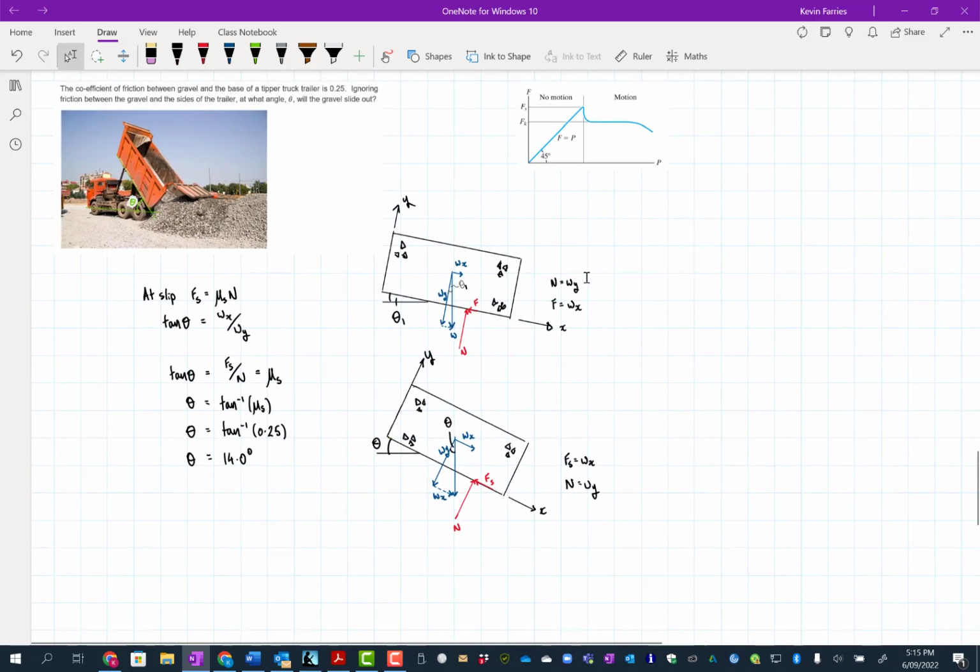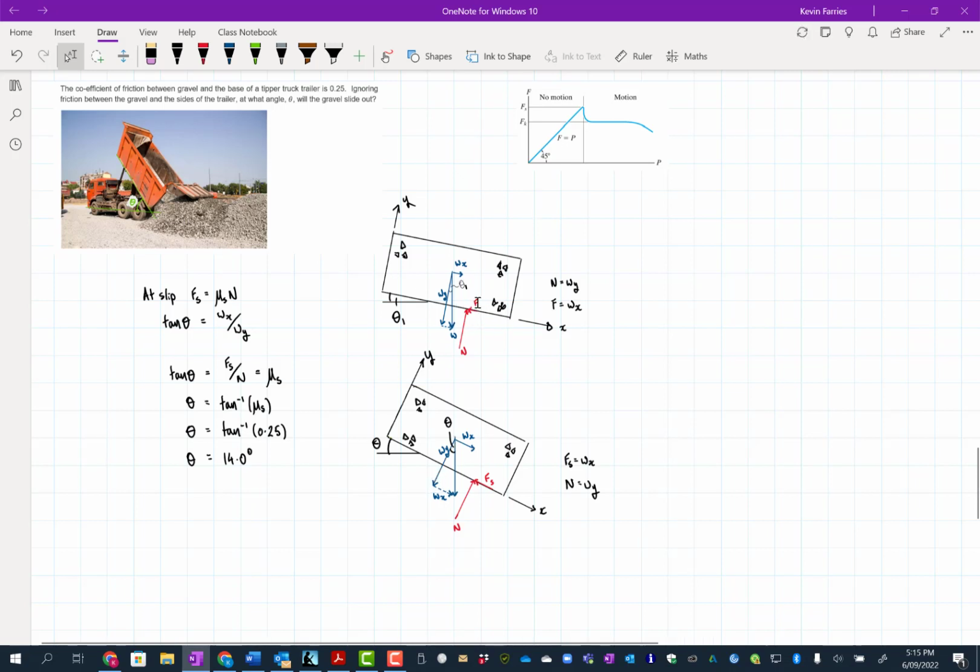So let's go back through what we're talking about here. As we tip this up, the weight always acts straight downwards, but as you tip this up, this X component of that weight becomes larger. So you can see that by comparing these two. As this angle increases, the X component becomes larger and the normal force becomes smaller.